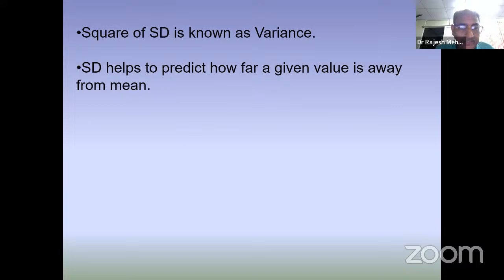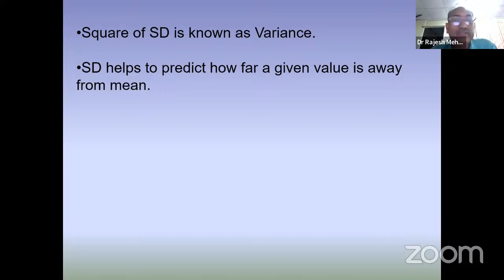So 8 minus 12 gives a deviation of minus 4. Then 10 minus 12, minus 2 is the deviation. But when I take 14 minus 12, then 2 is the deviation.